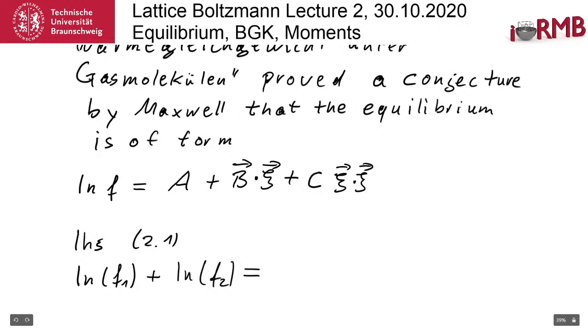So there is a constant a, and this constant a comes twice, plus there's b. So this will be the velocity of the first distribution plus the velocity of the second distribution.